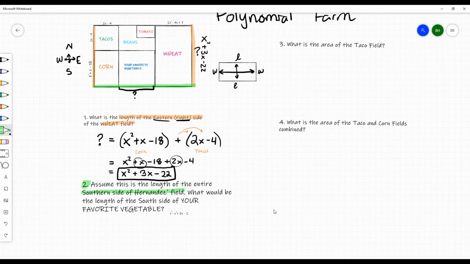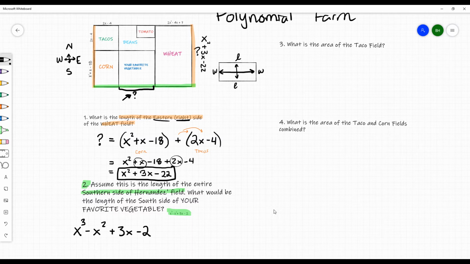The entire southern side of the field has this measurement, and I'm going to write that a little bigger so we can see it better: x cubed minus x squared plus 3x minus 2. We want to figure out what is just this length here of the southern side of our vegetable field. But there's an issue.